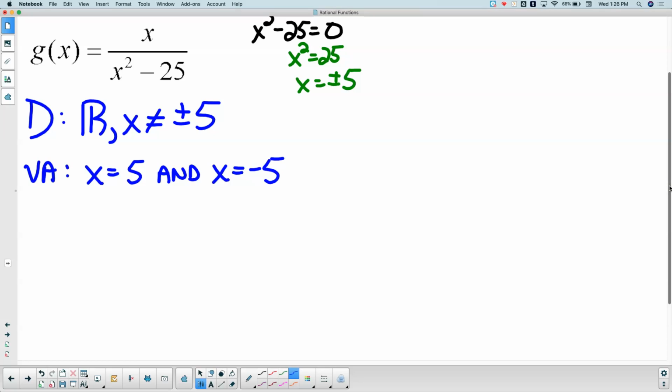Which one do you want to do first? End or asymptotal?